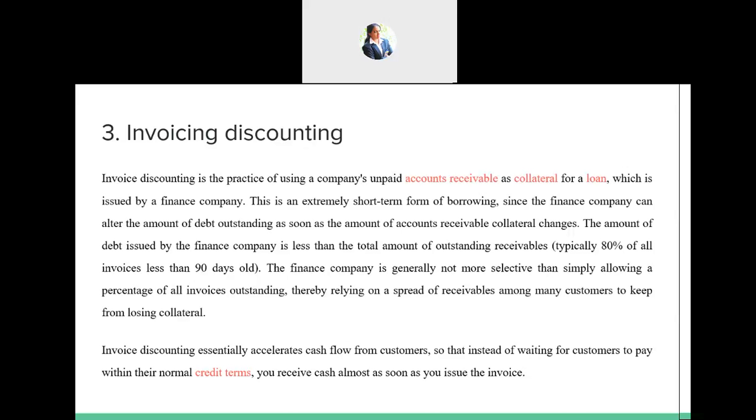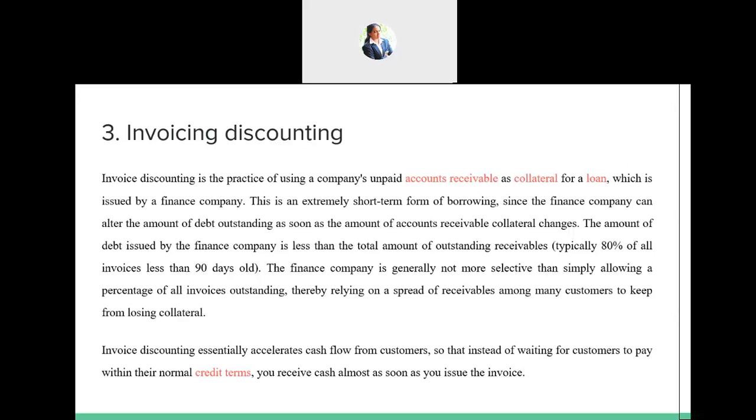Now, speaking about this, as it has been shown in the PPT, invoice discounting is a practice of using the company's unpaid accounts receivable as a collateral for a loan.